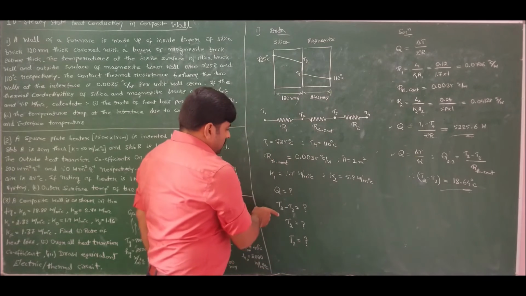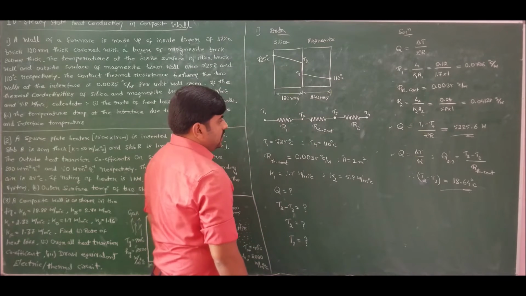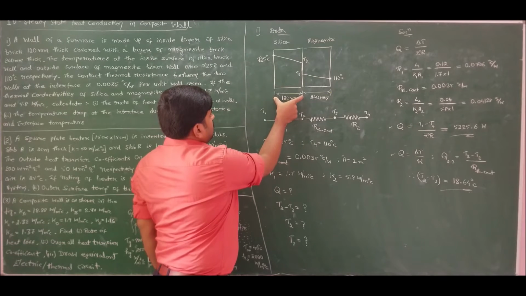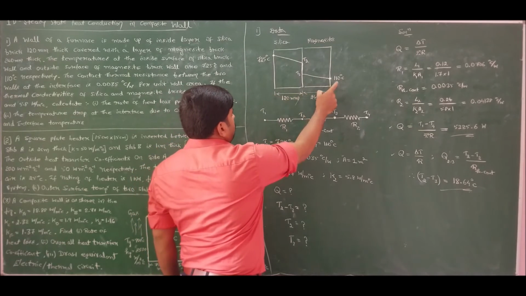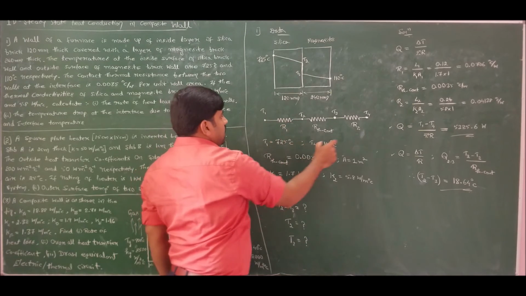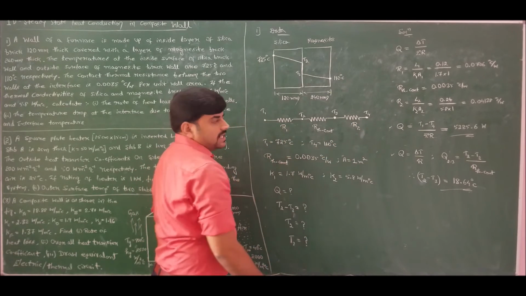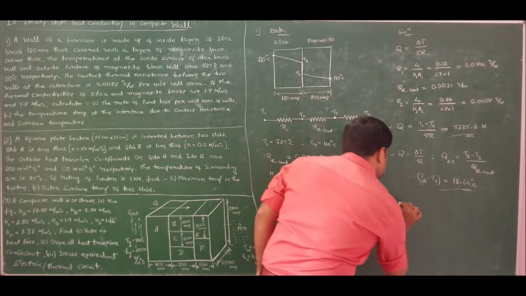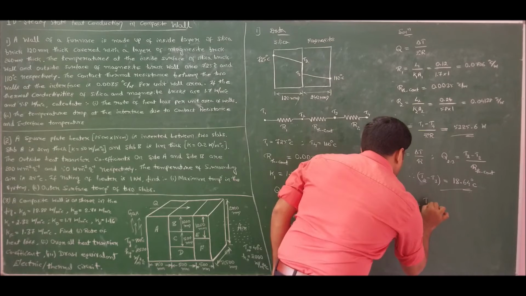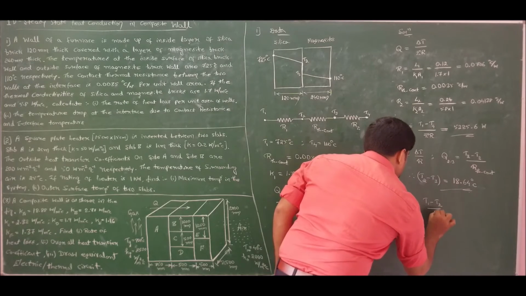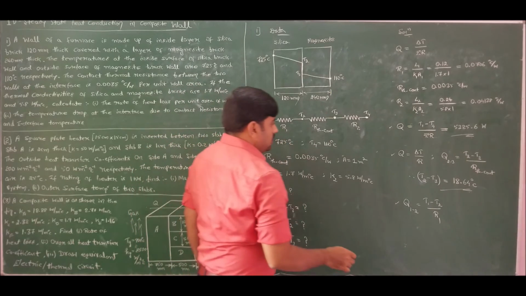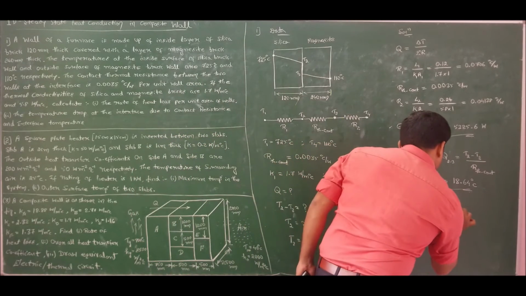Now in order to find the value of T2 and T3 individually, since I know T1, I can solve for this separately. Since I know T4, I can solve for this separately. So solve for Q1 to 2 separately, Q3 to 4 separately, we will get the answer. That is, we know that Q1 to 2 is equal to T1 minus T2 divided by resistance R1. So therefore, we know all the values.